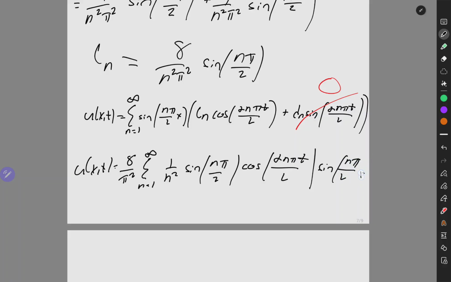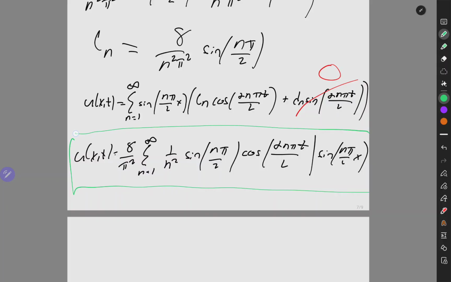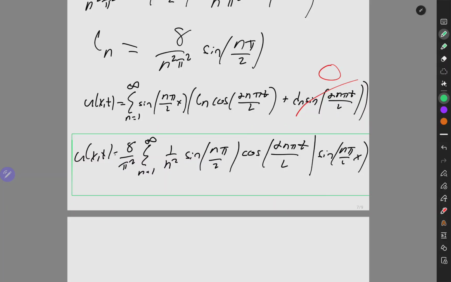I just moved that over to there. Right. Sorry, that looks bad. That's our answer. That's the displacement at any time t at any position along the length of the string. That's what this represents.